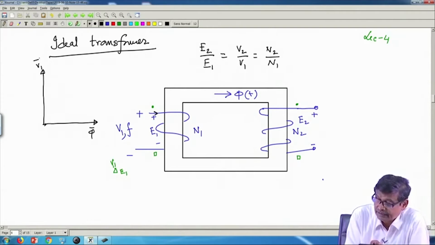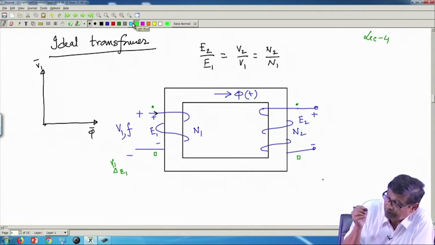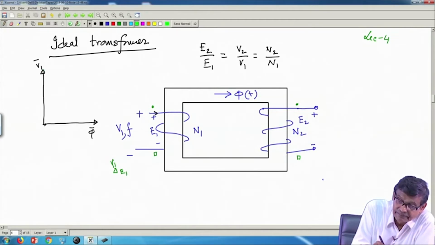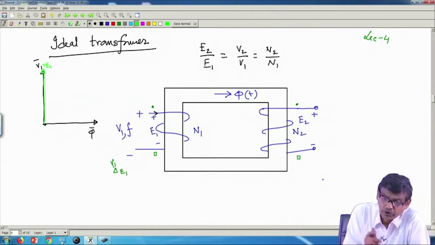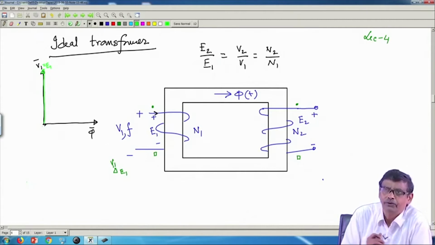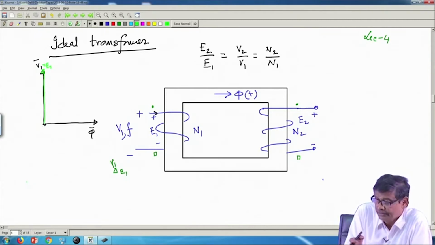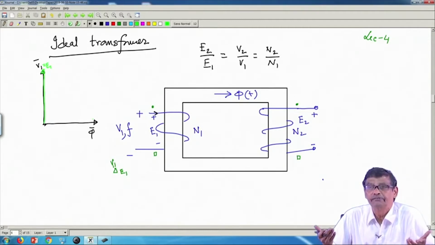This flux will induce voltage in the primary coil and E1 has to be equal to V1. Therefore, the primary coil induced voltage will be like this, also equal to E1. I told you that in some books phi leads E1 by 90 degrees, but I know the whole story now. E1 only acts in opposition with the supply voltage, but with respect to time they are in phase.